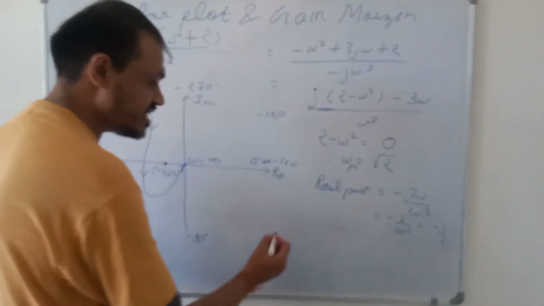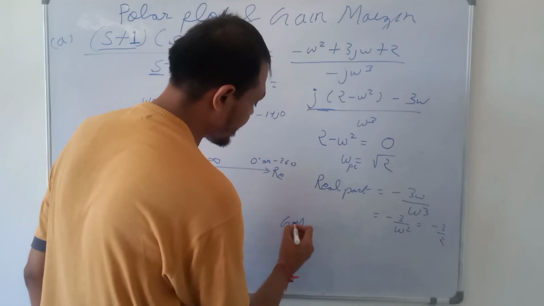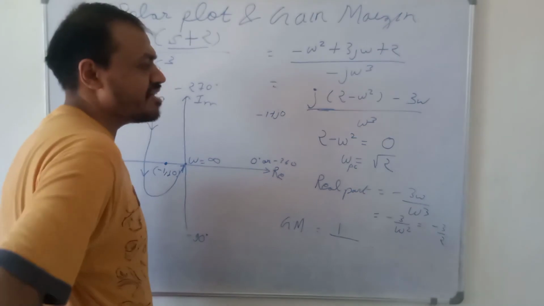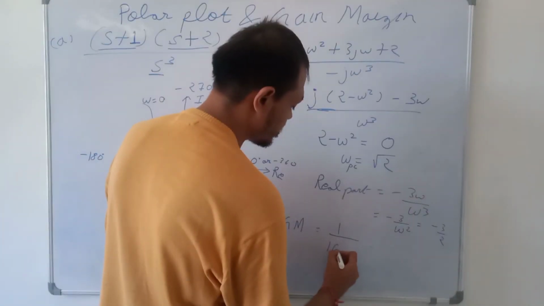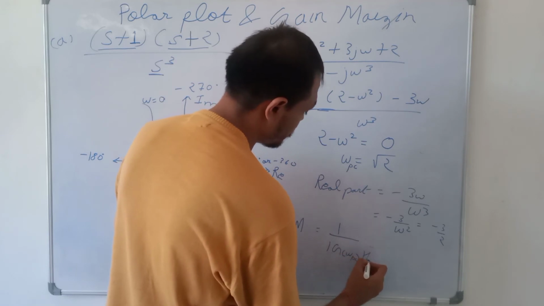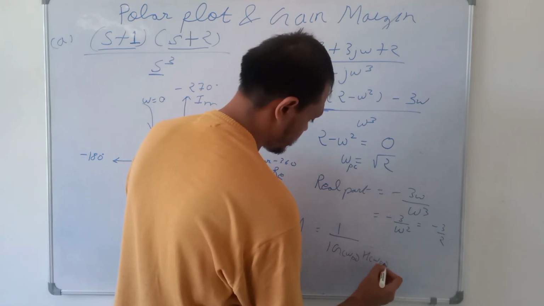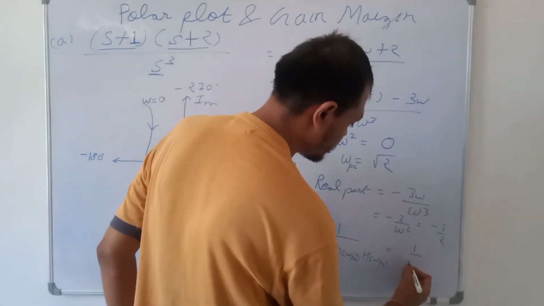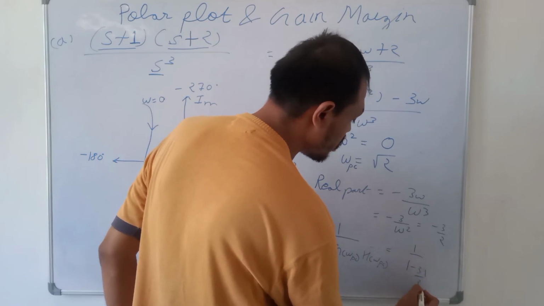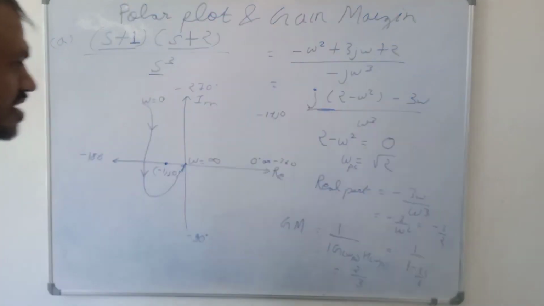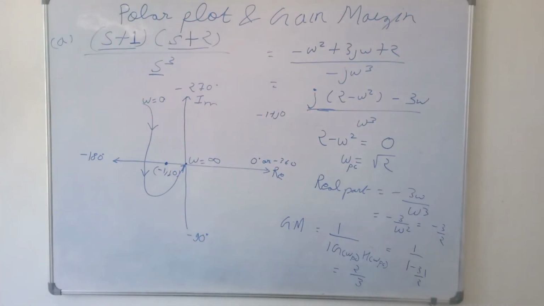So the gain margin is 1 upon this mod value which we have found out. It is also called as G omega PC H omega PC. So if you take 1 upon mod of this, 1 upon mod of minus 3 by 2, this will come out to be 2 by 3. So the gain margin is found out to be 2 by 3.